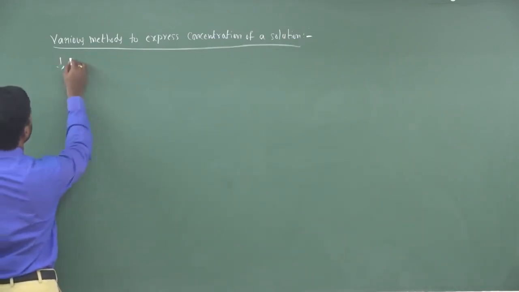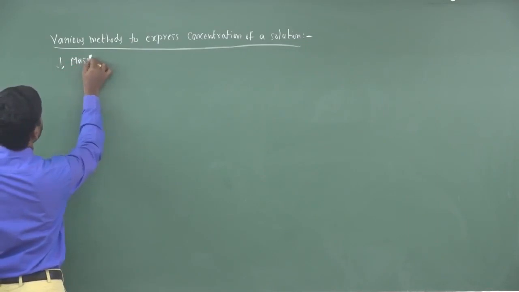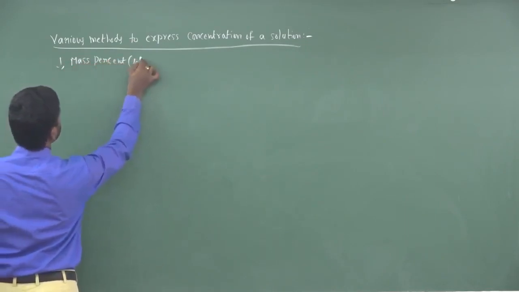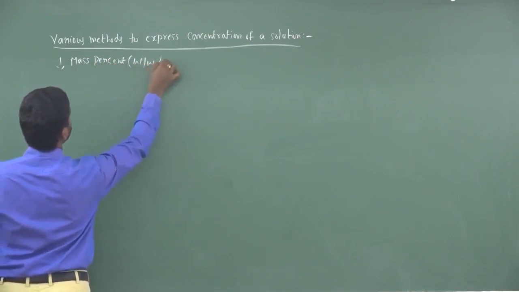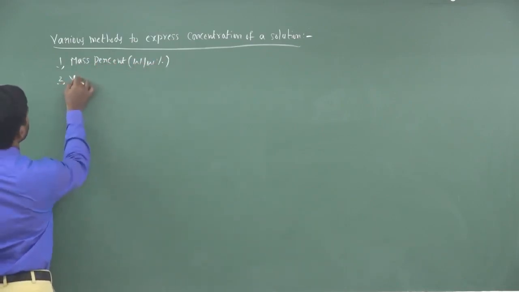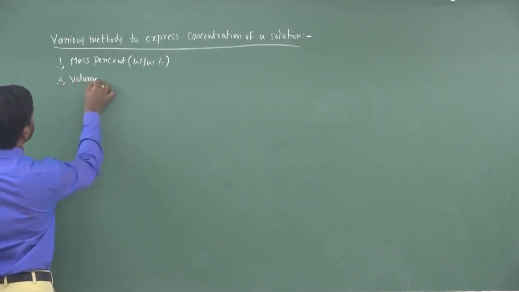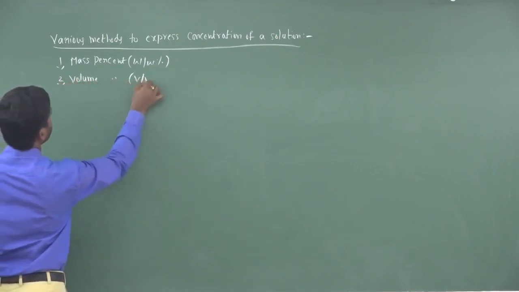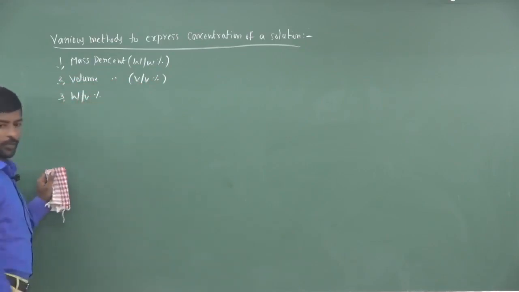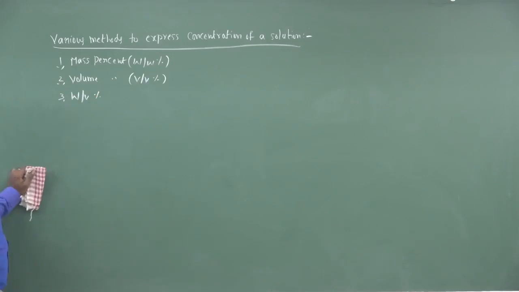One is mass percent, which is indicated as weight by weight percentage. Next one, volume percent, V by V percent. Next, weight by volume percent.